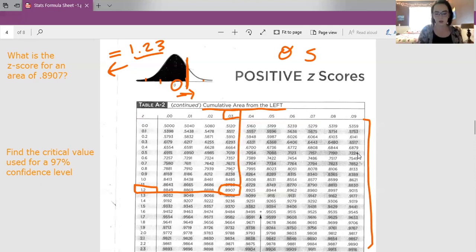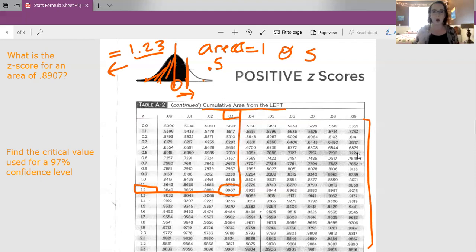If, follow me, the area for the whole curve has to equal 1, then a value that lands right on the mean is going to have an area of 0.5. Because all we did was cut the curve in half, and the area is 0.5.